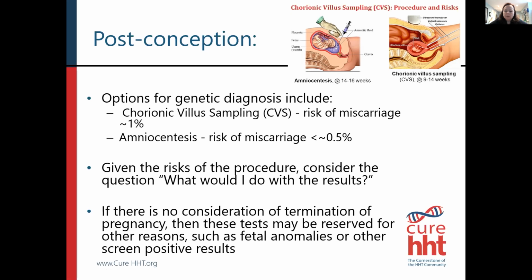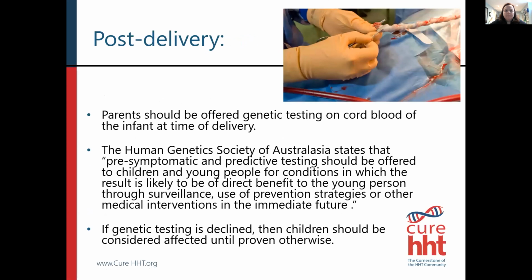But through your pregnancy, you may also encounter other screen positive results. There may be a fetal abnormality on ultrasound, and you may be offered this procedure for other reasons than HHT. In that case, it's potentially worthwhile to think about it: since I'm having an amnio anyway for another reason, do I want to look for this HHT gene?